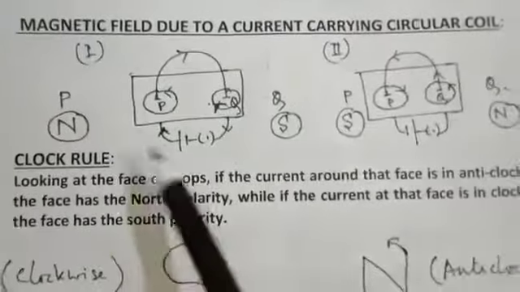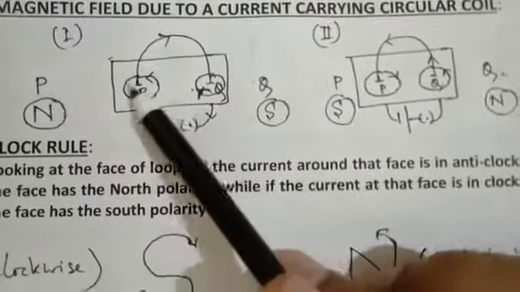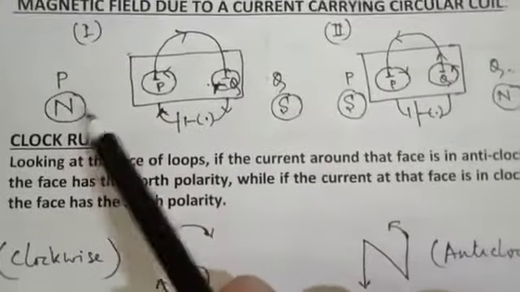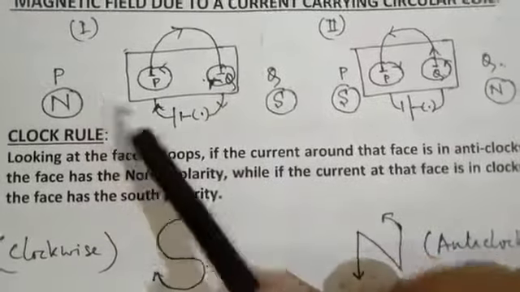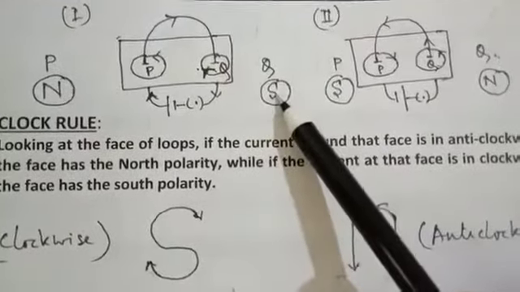So in figure 1, at P it was anti-clockwise, so it is north pole at P, and obviously at Q it will have south pole.